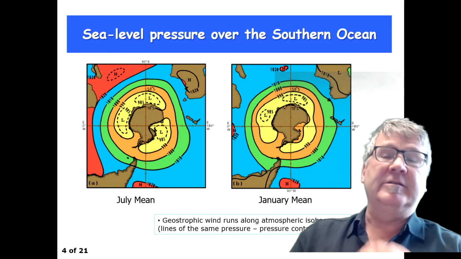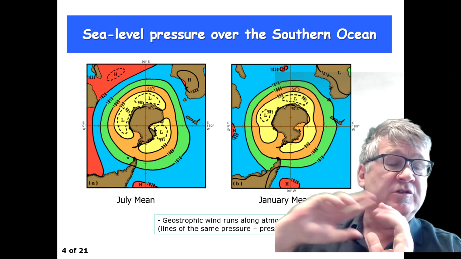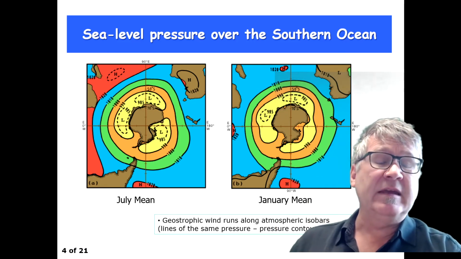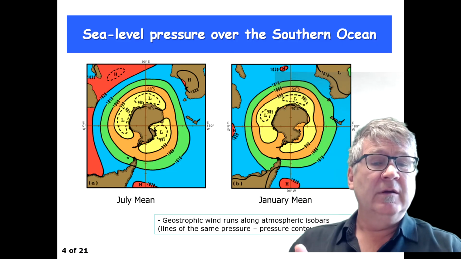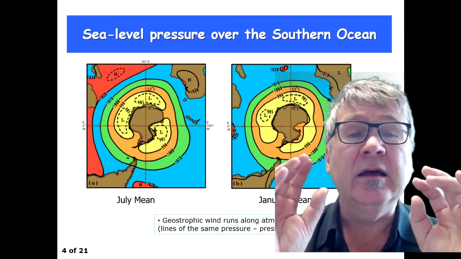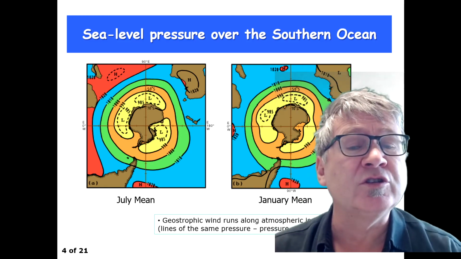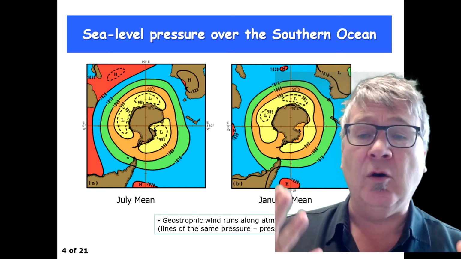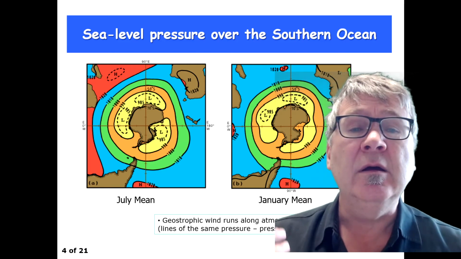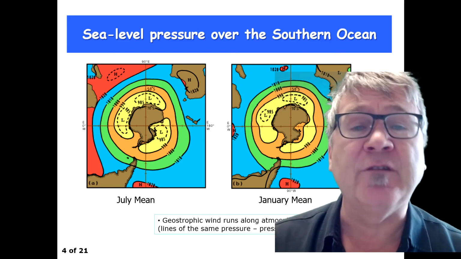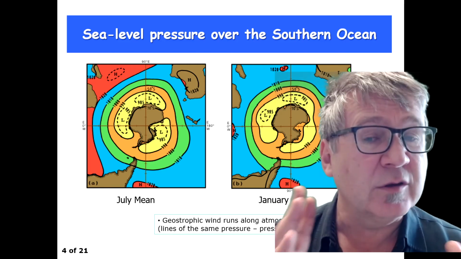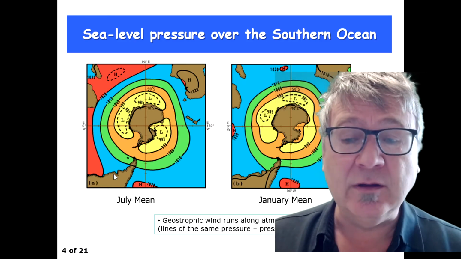This slide shows you the July mean, the winter mean, and the summer mean. What's shown here are pressure contours. As you already learned for the oceans, these pressure contours are also in the atmosphere the contours of geostrophic winds, so the winds blow along these lines.